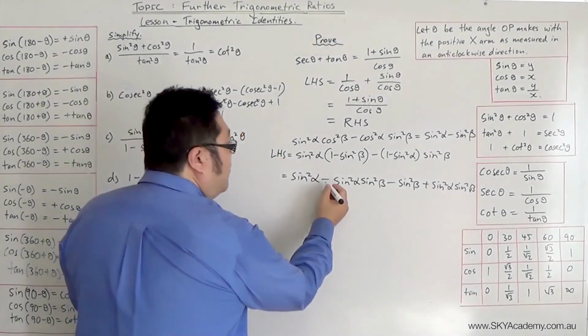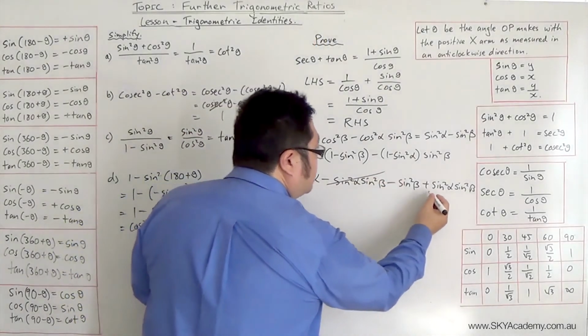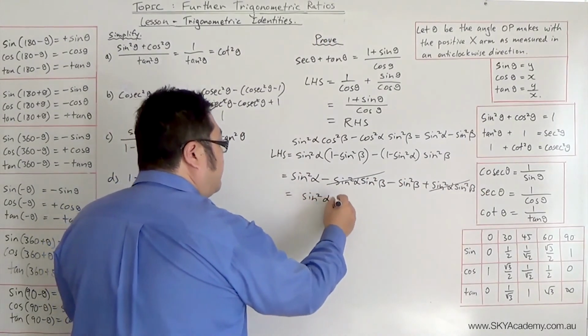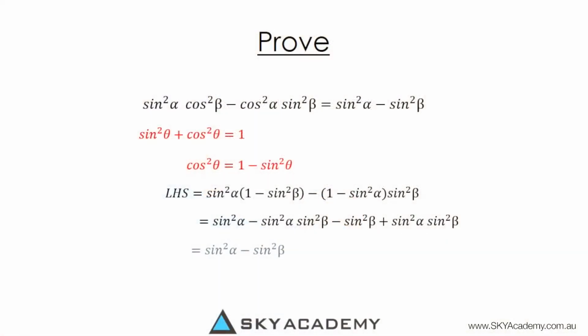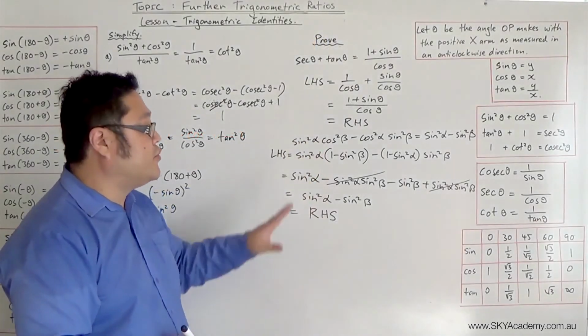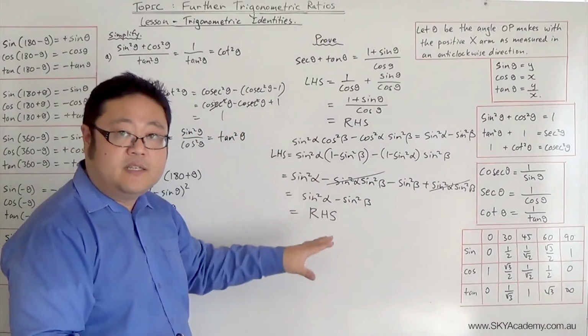Yes? Now what you'll notice is this cancels with this because they're the same thing, and we're left with sine squared alpha minus sine squared beta, which is exactly what we wanted in the first place. Left-hand side equals right-hand side, and that is how we prove trig identities.